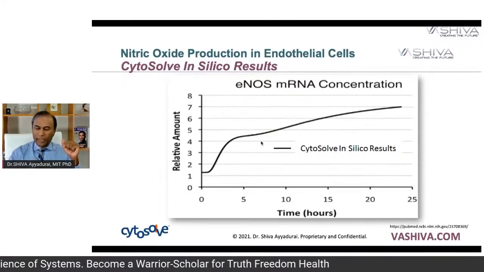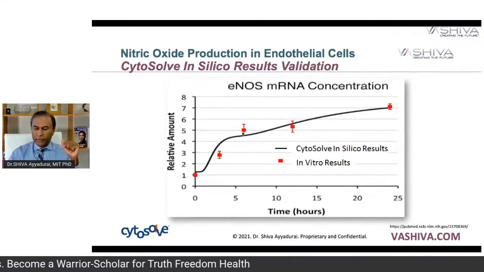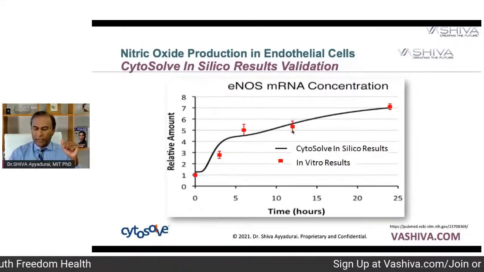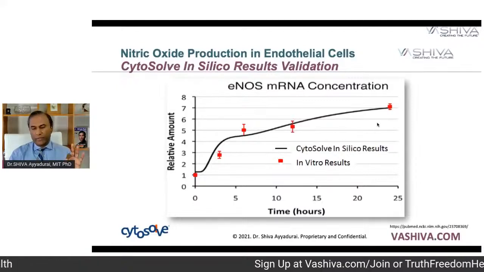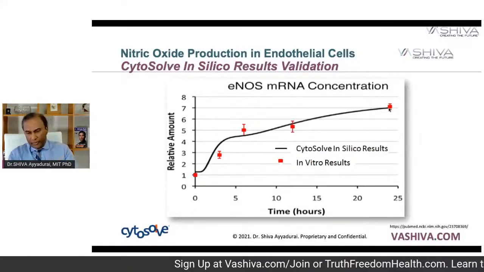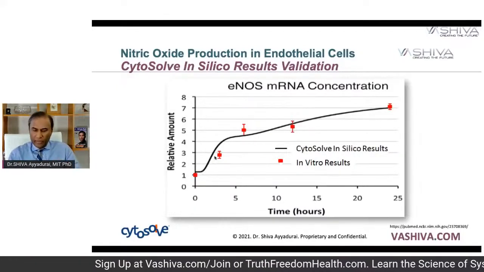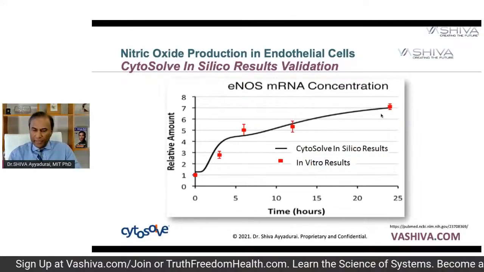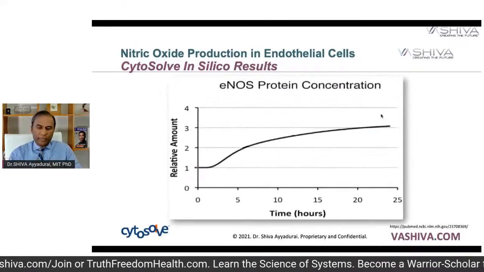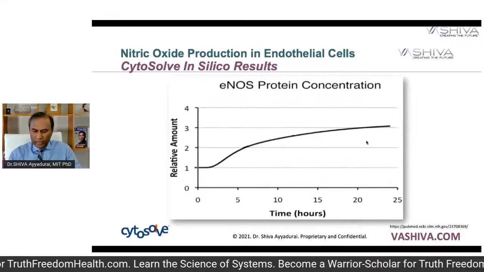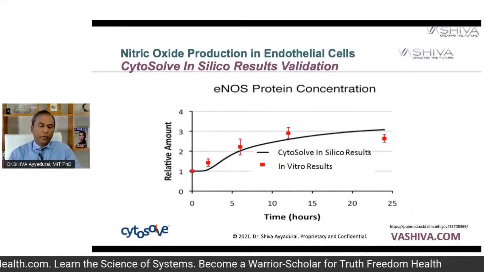But then we were able to test it with Andrew Koo's work, where at Harvard and Brigham, these are the actual wet lab results from the laboratory, okay, in the wet lab. So this shows that Cytosol is predicting what they were seeing in the laboratory. And same here with how much eNOS protein, same thing here. So this is quite extraordinary.